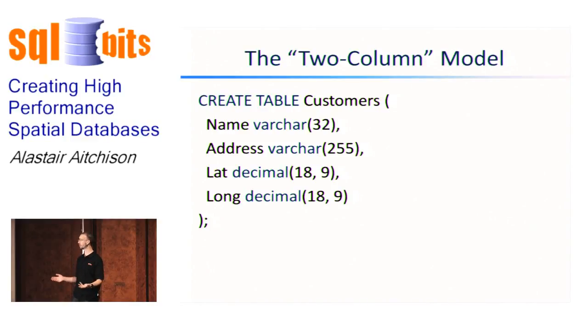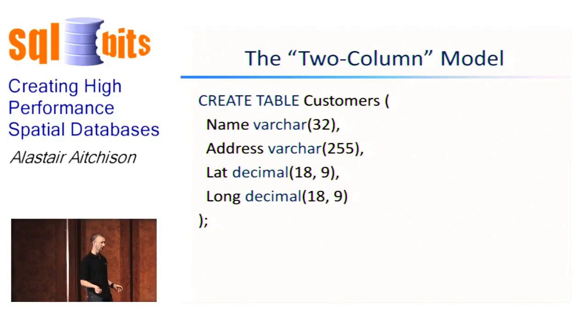What we've got here is a customers table, and we've got 2 decimal columns at the bottom, which are used to store a latitude and longitude associated with each of our customers. This is not the only model you could have used. It's possible to store binary data, and the well-known binary format is a standard format you could have used. But this is a fairly common one that you might have seen and might be using at the moment.